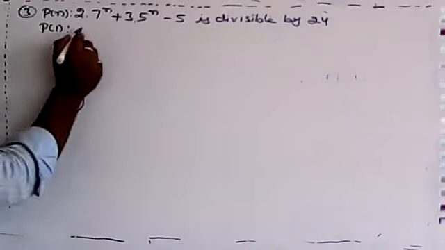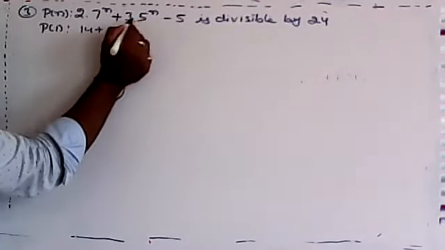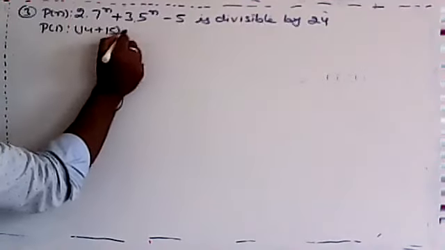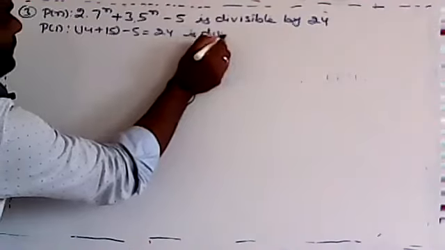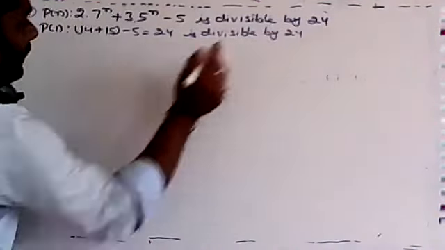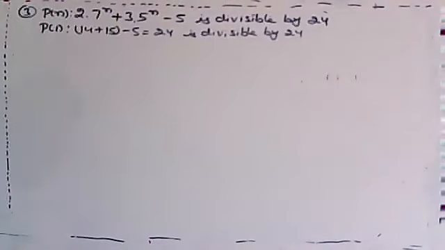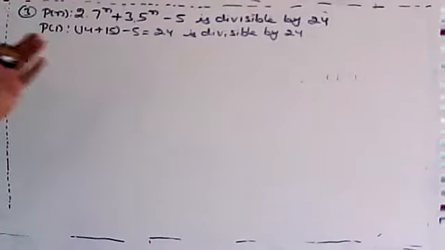Correct or not? 14 plus 5 to the power of 1 is 5, 5 into 3 is 15, minus 5. So the answer is 24, which is divisible by 24. Correct or not? Yes. So P of 1 is true. Okay, write that down. P of 1 is true.